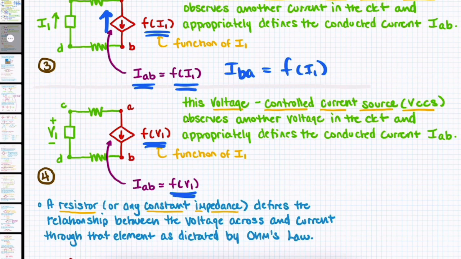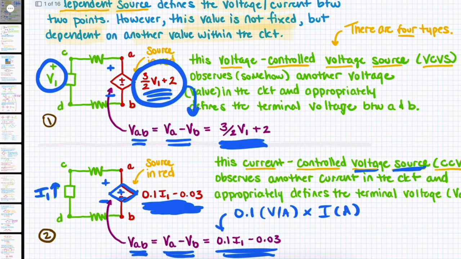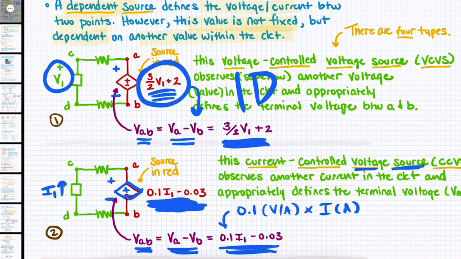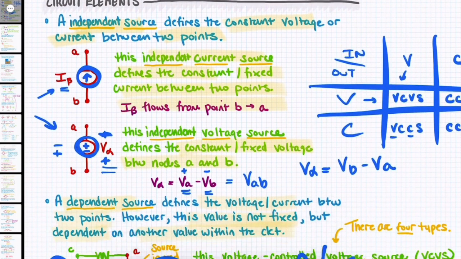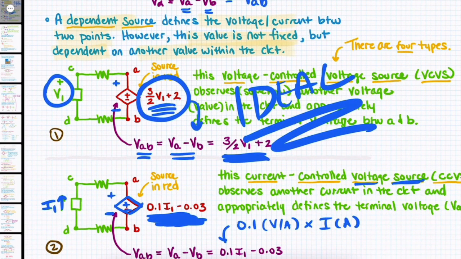Then we have dependent voltage and current sources, which generally will have some sort of a functional definition, that function being dependent on some other value in the circuit. So those cover the vast majority of the ideal sources. Okay, we haven't really used that term, but these are ideal sources because they operate in an ideal manner.